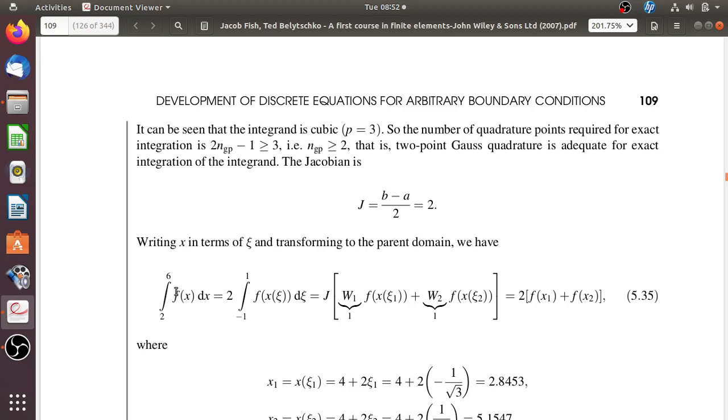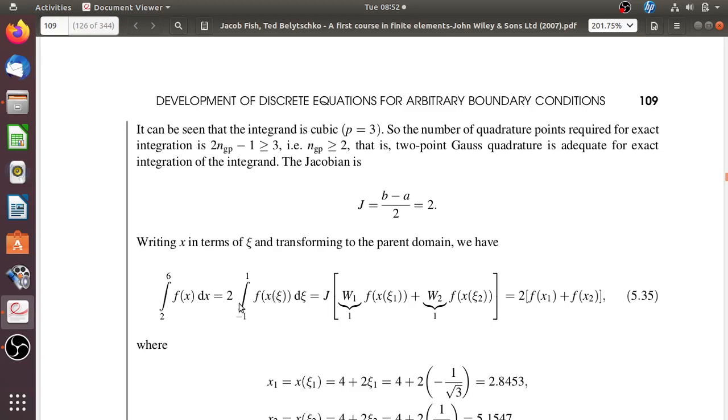The integral of f(x) dx, I will change from the physical domain to the parent domain, also known as the mathematical domain. If I do that, I'll get it in the form of zeta, and my limits go from -1 to 1. Accordingly, I have to choose the relation between x and zeta.